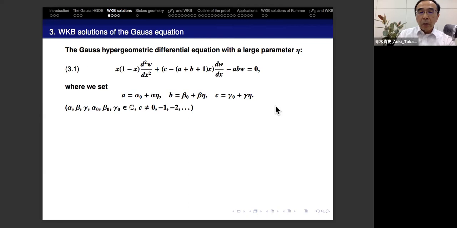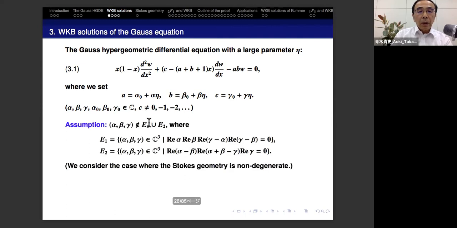And we assume that alpha, beta, gamma, that is, the coefficients of eta in each parameter, do not belong to this exceptional set E1 union E2.